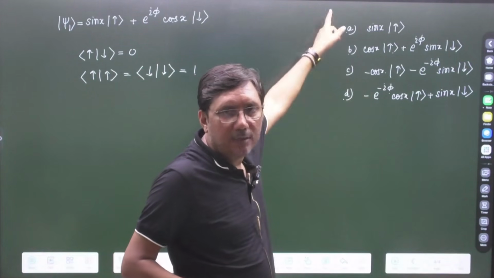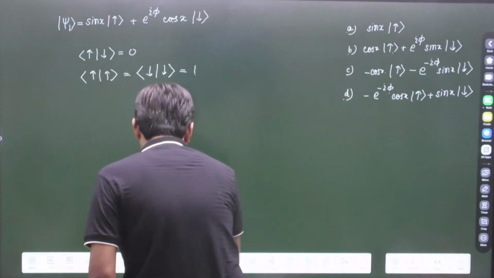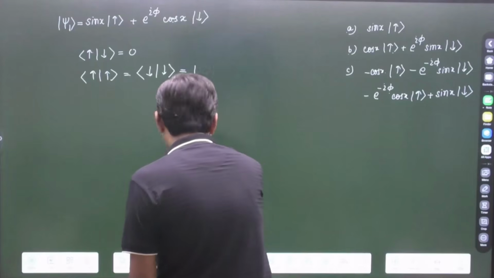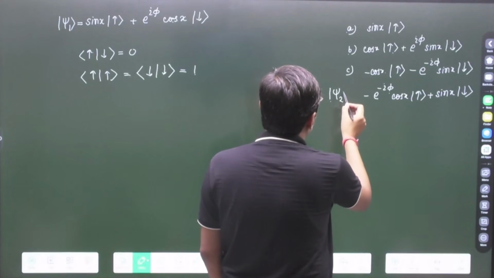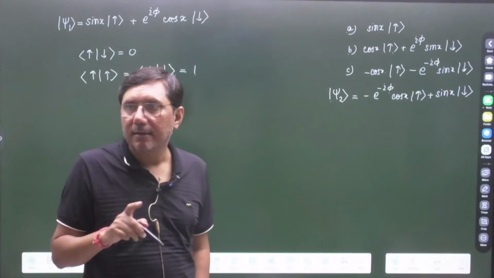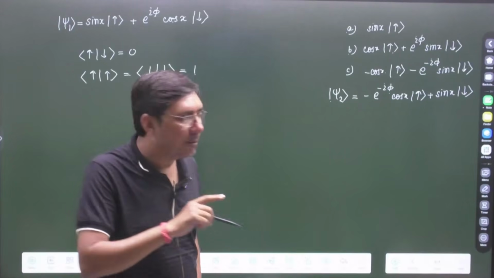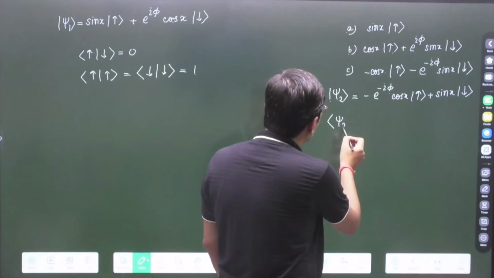Answer is D. You can do it for the others. I just want to show you this. This is psi 2. This state is given to me. Okay. So what you are going to find out? You are going to find out its corresponding bra vector. So that will be psi 2 like this.